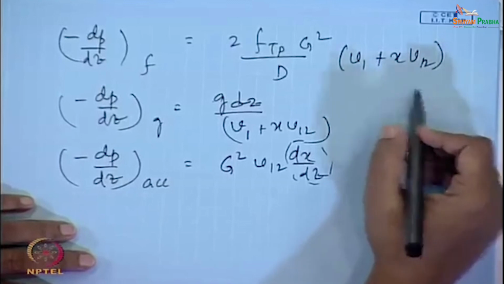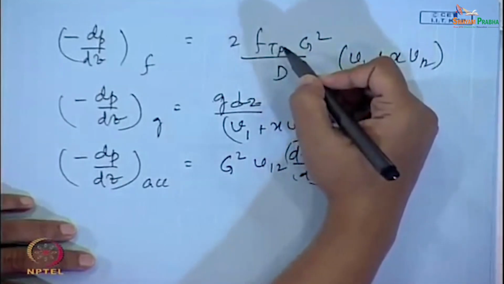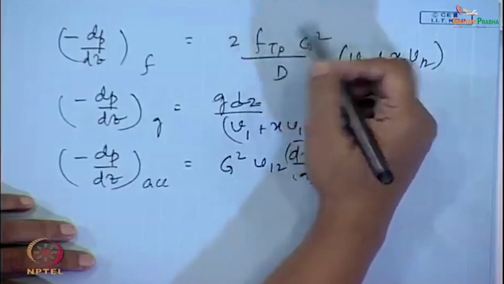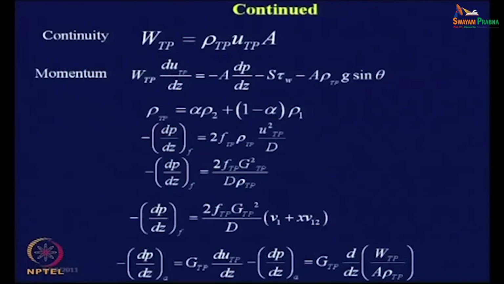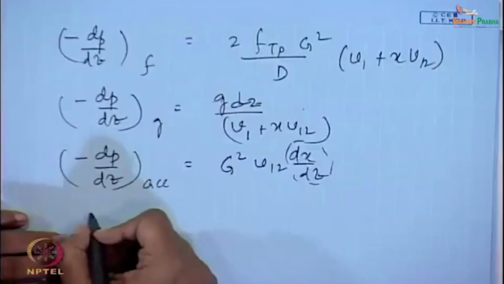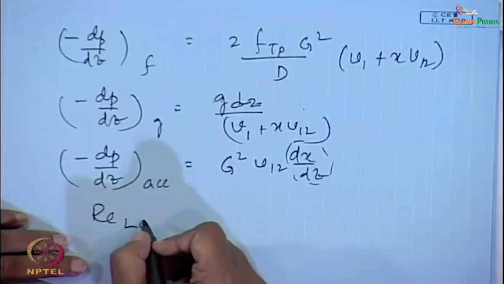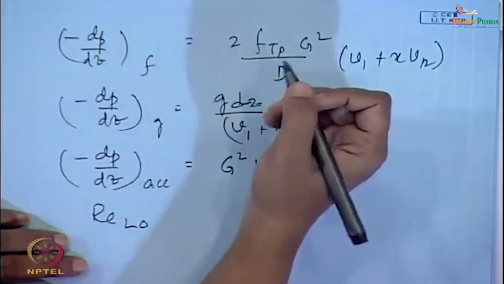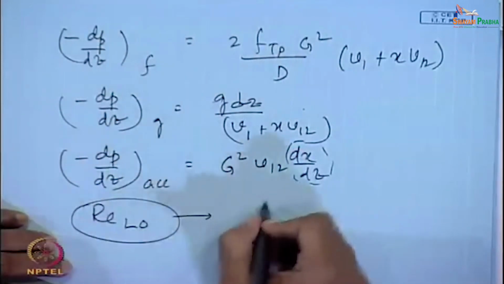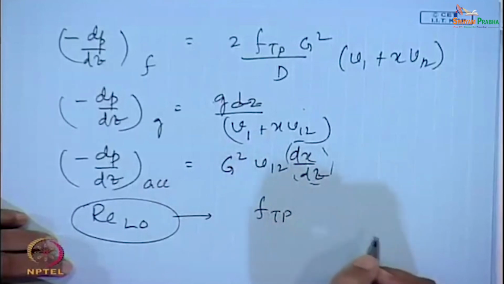Fine. So, you know that more or less everything you know except f TP. Several students were having problems with f TP. So, how to define f TP? More or less in this particular case, what you can do is you can find out the Reynolds number, and you will find that the Reynolds number is very high. And one more thing, since here water is entering at saturated condition and flowing up, for this particular case we can find out Re liquid only, because at the entry condition it is just liquid, okay, and based on this Re LO we can find out the f TP.